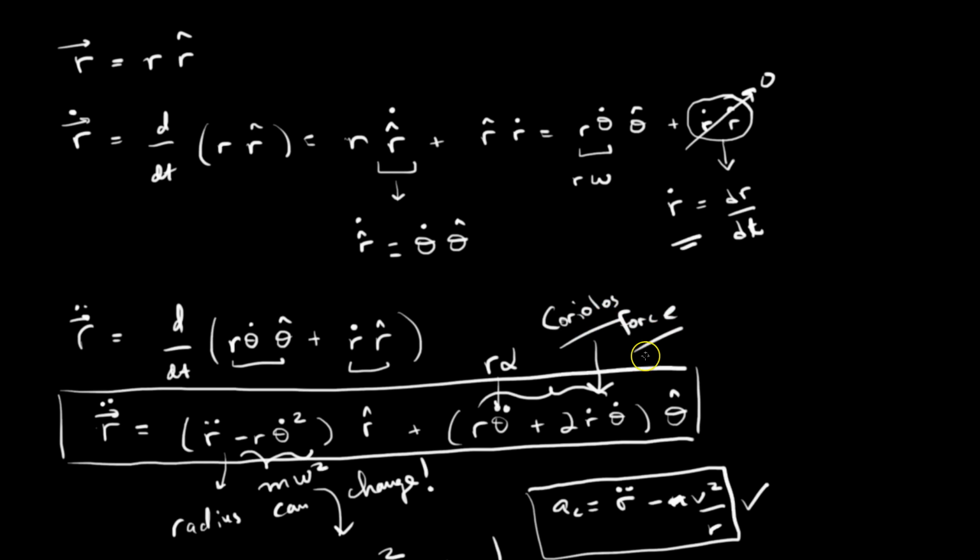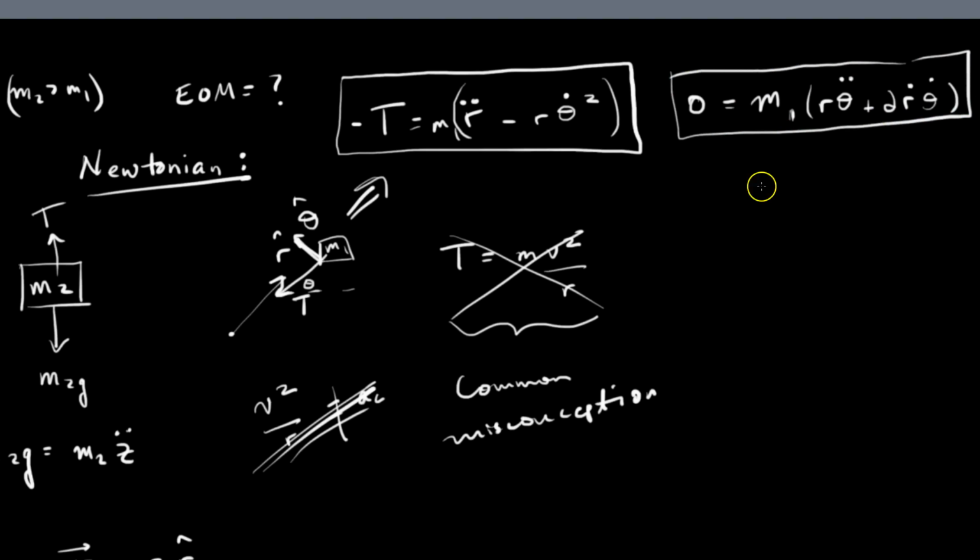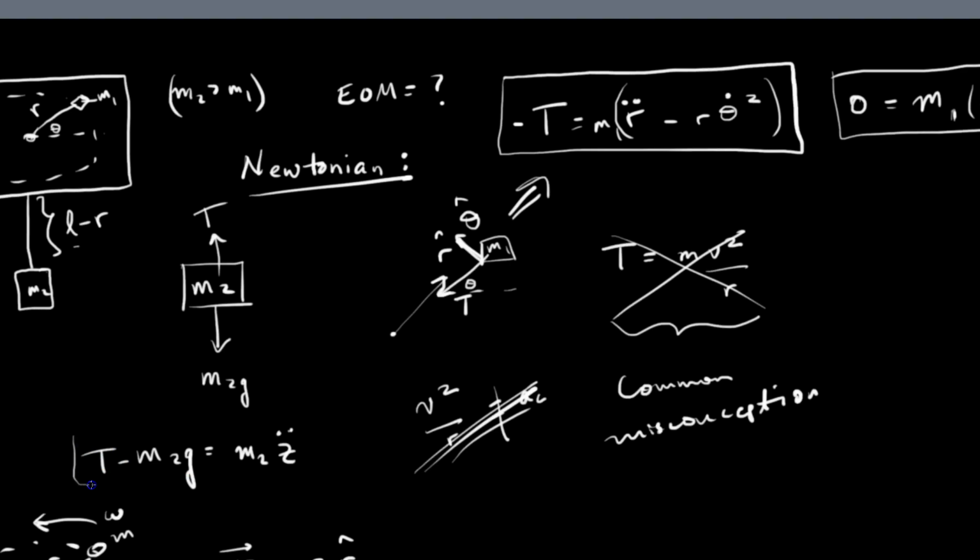I bet you never learned that, because you're so accustomed to setting this equal to 0. This term is actually called the Coriolis term, Coriolis force. It's pretty crazy stuff. So let's put that there. 0 is equal to m1 times this r alpha plus the Coriolis term. I'm not sure about the derivation of where this Coriolis name comes from, but I'm assuming it has something to do with the Coriolis effect. So that's one equation, that's two equations, and then this is our third equation.